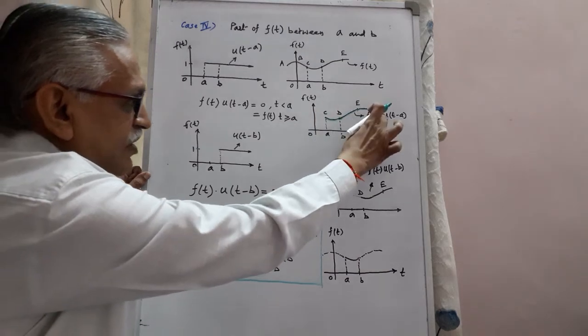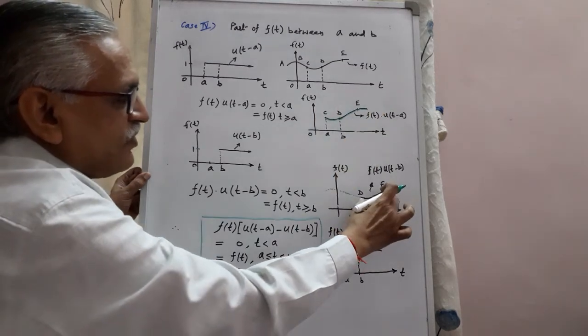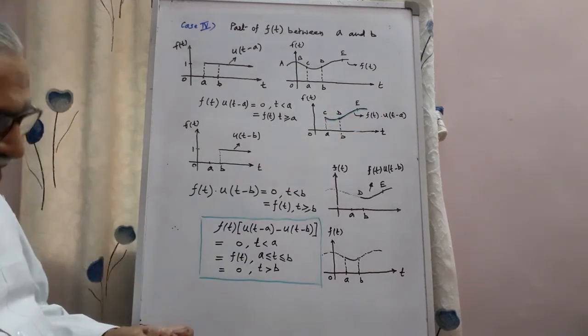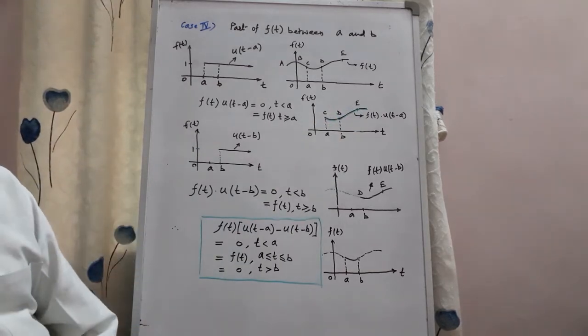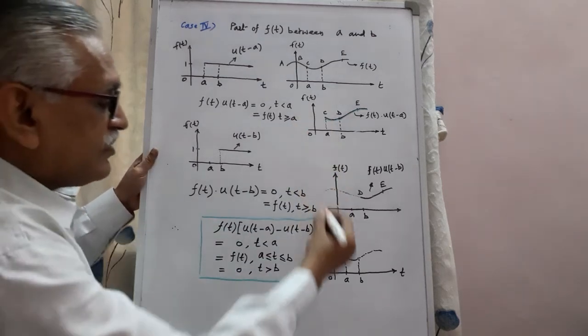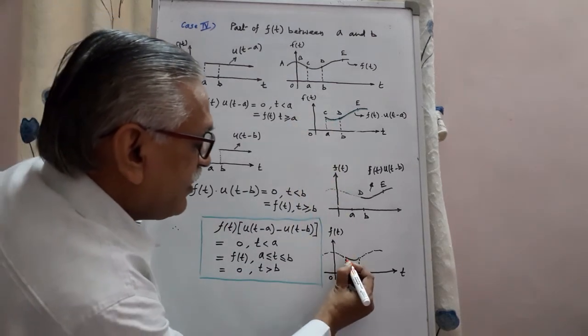Therefore, from this bigger portion, if I subtract this smaller portion, what do we have? We get the portion between c and d, and therefore we get this much part.